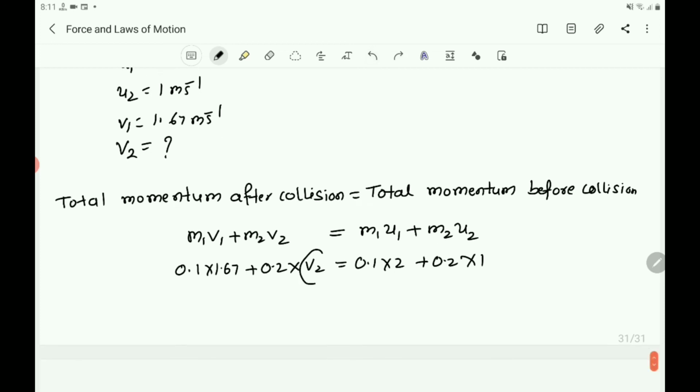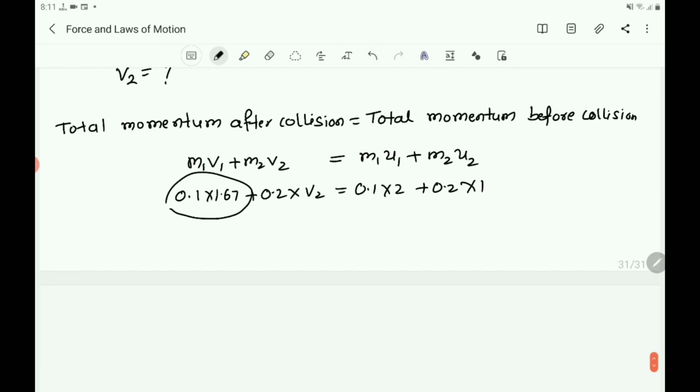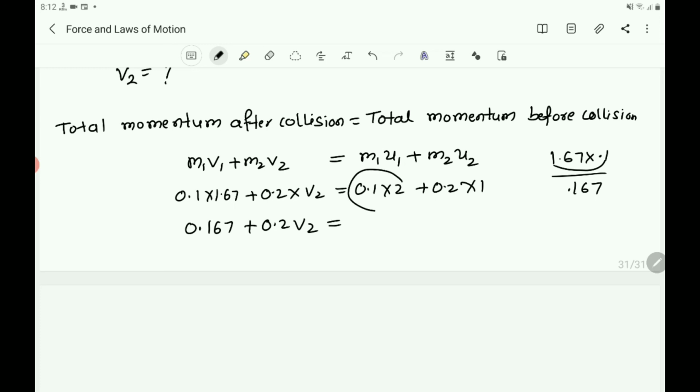Here v2 is not given, we have to find v2. Then the products: 1.67 into 0.1 is 0.167, plus 0.2 v2, and 0.1 into 2 is 0.2, plus 0.2 into 1 is again 0.2.